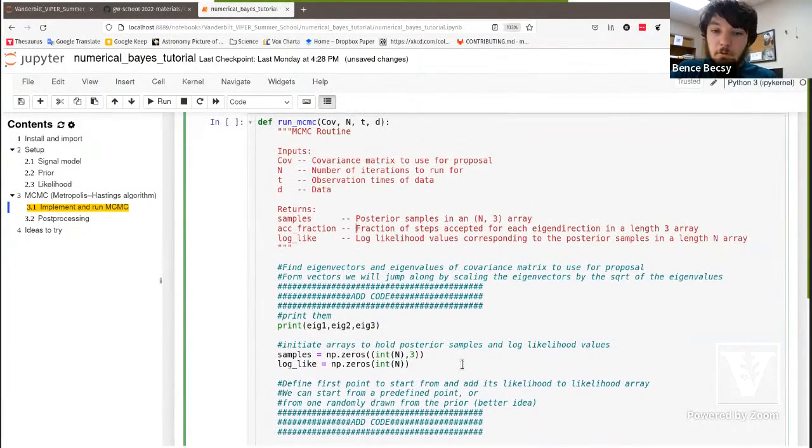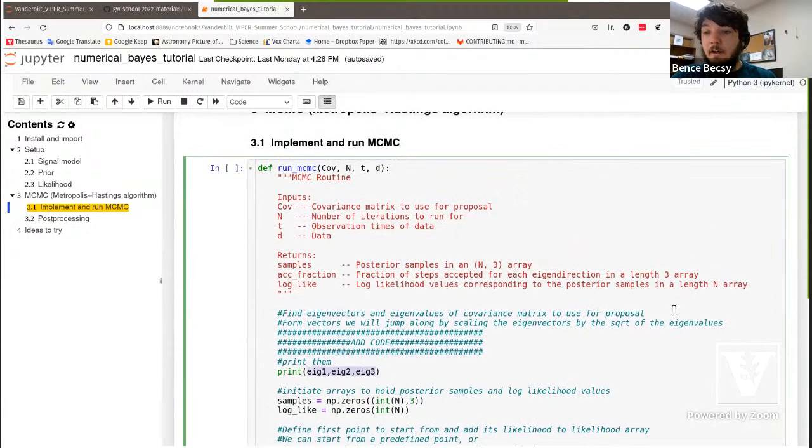So the first block that's missing here that you will need to code up, and it should be very simple, is taking this covariance matrix and, there's a numpy function for that, taking the eigenvalues and eigenvectors of that covariance matrix, and then building these 3 vectors, which should be the eigenvectors scaled with the square root of the eigenvalues.